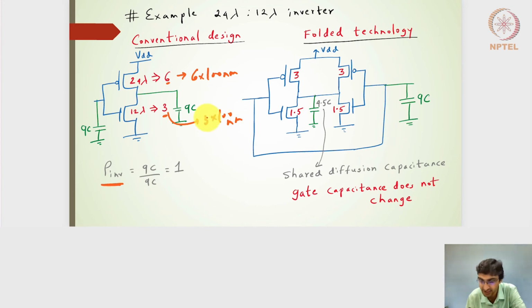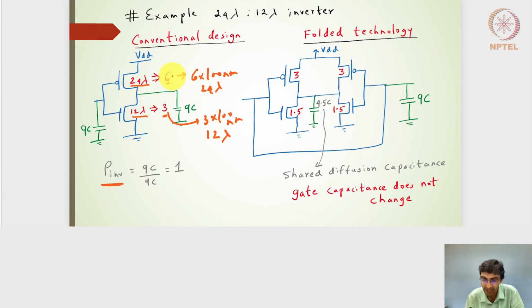Each of the 100 nanometers is nothing but 4 lambda. Normally the unit NMOS transistor has a minimum of 4 lambda, so a scale of 1 represents 4 lambda, where lambda is 25 nanometers. So that will be 12 lambda here, and this will be 6 into 4 lambda, 24 lambda, and that's what I have written here, 24 lambda and 12 lambda.